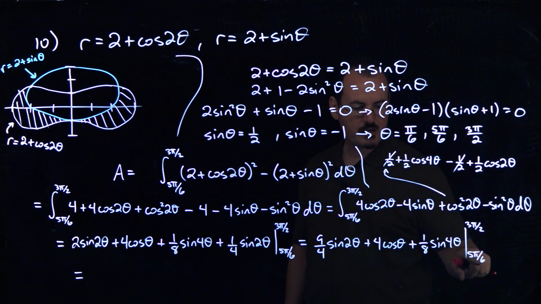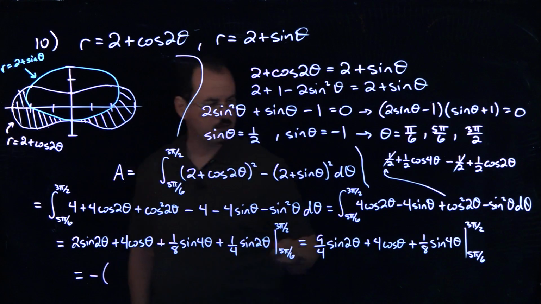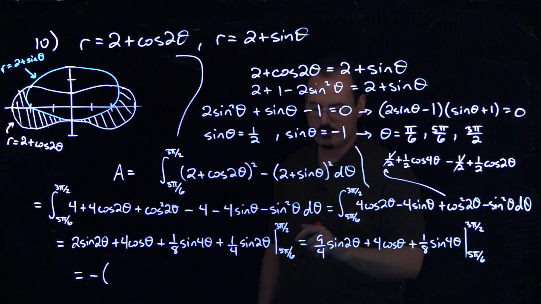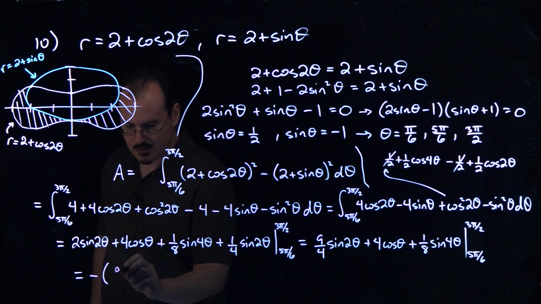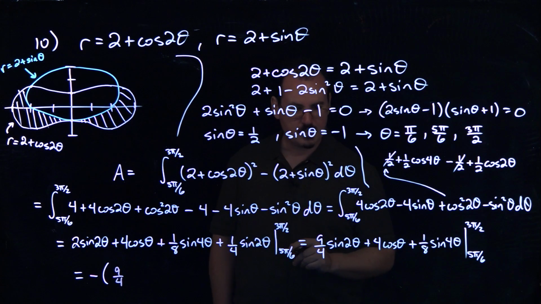If I plug in 5 pi over 6 now, remember now I'm subtracting, so I'm going to actually get negative of whatever I get when I plug 5 pi over 6 in here. So if I plug 5 pi over 6 into here, the 2's are going to cancel, so 5 pi over 3, so 9/4 times the sine of 5 pi over 3.